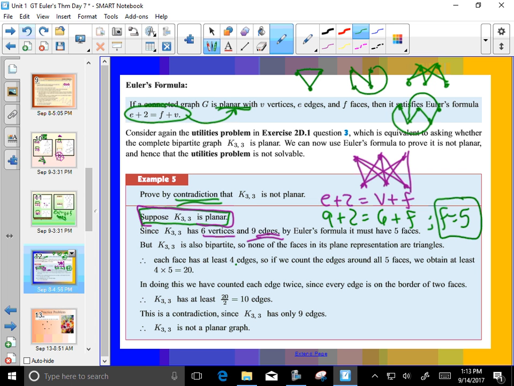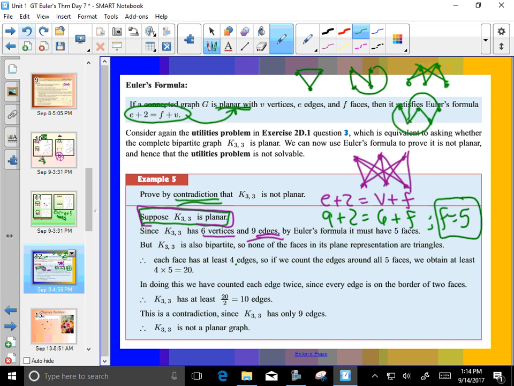Now, how many vertices are there on each face this time? No, these are bipartite. They are not connected. So my question is, how many edges are there for each of these faces? 1, 2, 3, 4. 1, 2, 3, 4.